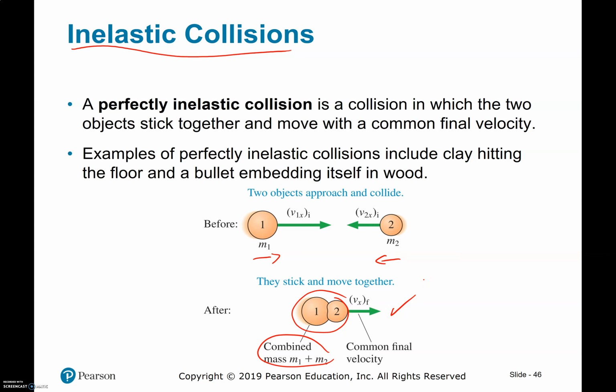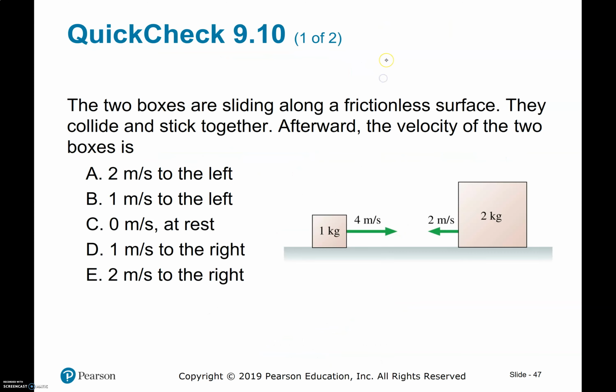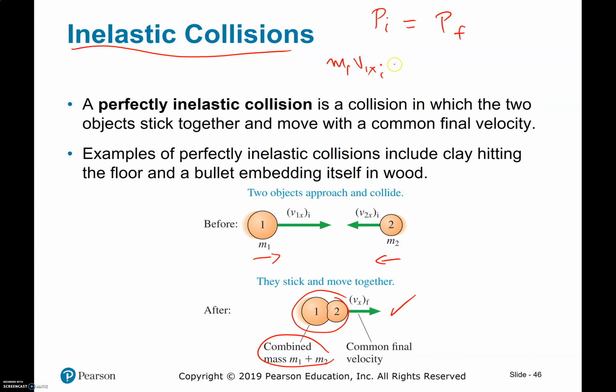And again, the conservation of momentum works. So we have that the initial momentum has to be equal to the final momentum. What is the initial momentum? The mass of particle 1 times the velocity of 1 in x initial, plus the mass of 2 times the velocity of 2 in the x coordinate initial.